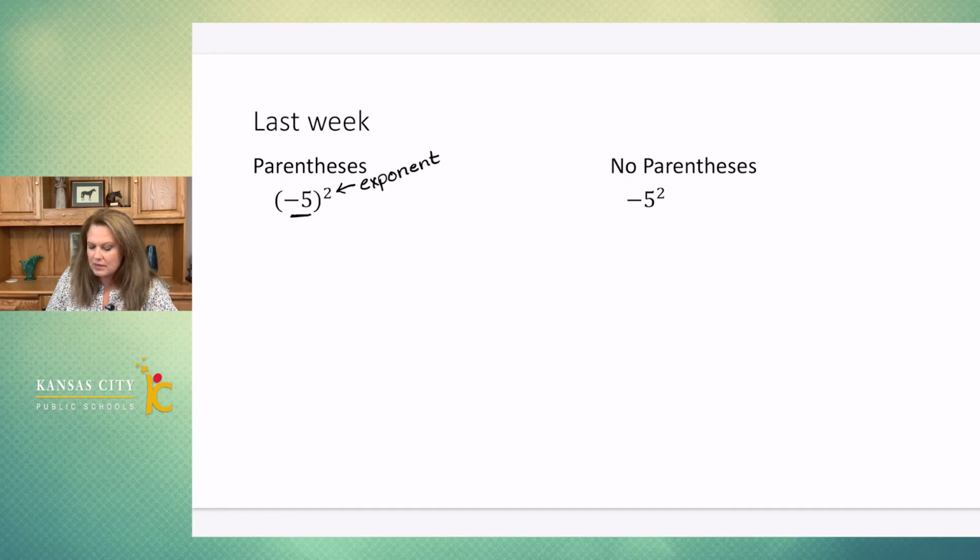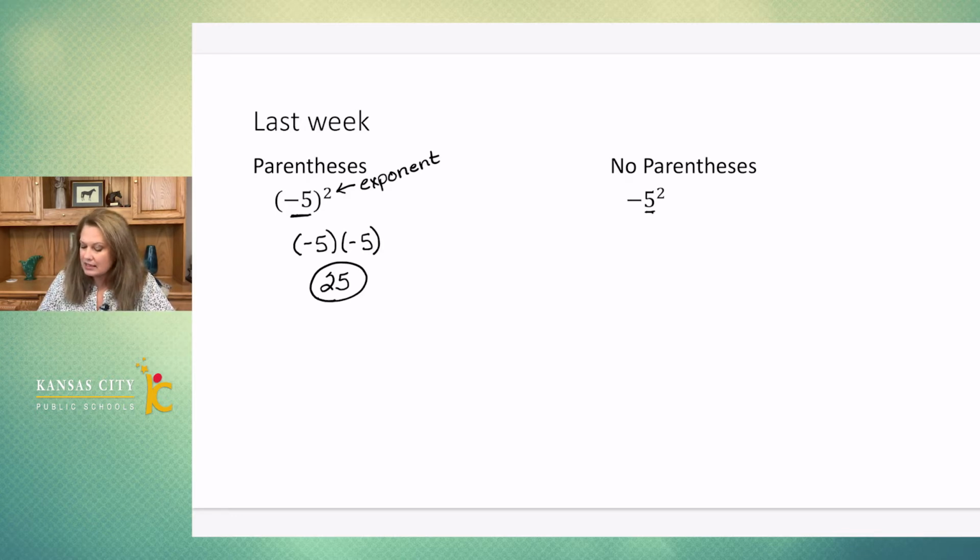That tells us how many times that factor is going to be repeated in our multiplication. So for this particular example, we're going to say -5 times -5. Now remember, a negative and a negative, when you're multiplying or dividing, create a positive. So 5 times 5 is 25. So our answer, or our product for this particular power, is going to be 25.